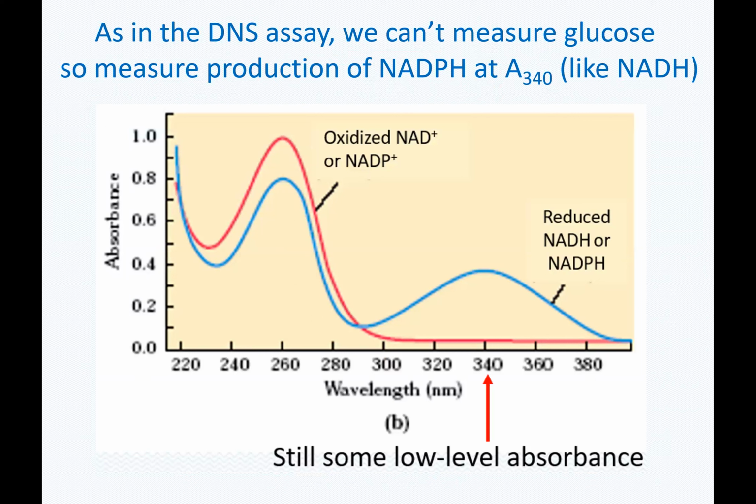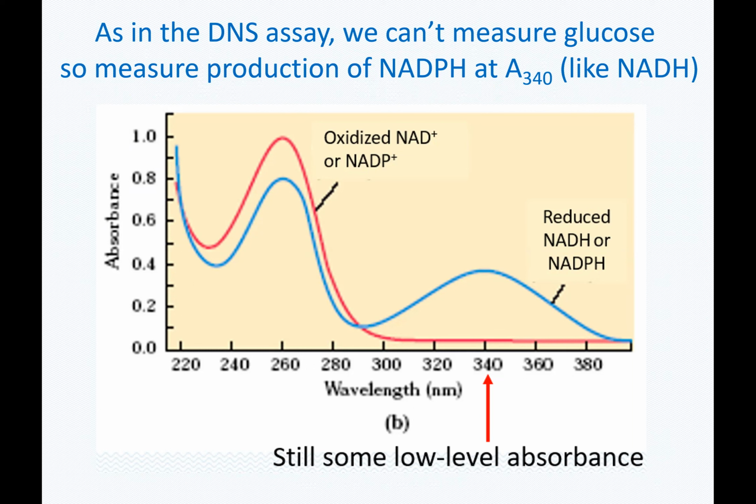As with the DNS assay, we can't measure glucose, thus we're going to measure production of NADPH at 340 nanometers. If you take a look here on the graph, either oxidized NAD or NADP on the red line, at 260 nanometers, it is very similar in absorbance levels with the reduced form of NADH or NADPH, so you can't easily distinguish the two of them.